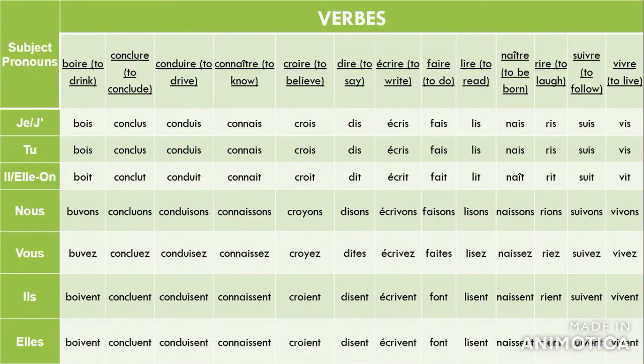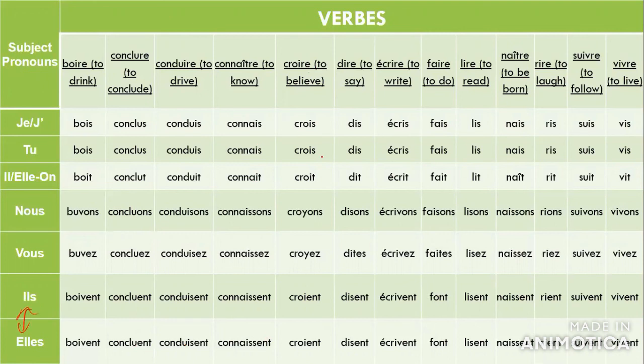We have the verb conclure, and this is the conjugation of it. And we have the verb connaître, which is to know: connais, connais, connaît, connaissons, connaissez, connaissent, connaissent. For the two of them, remember, they are feminine and masculine. Now, croire, which is to believe.